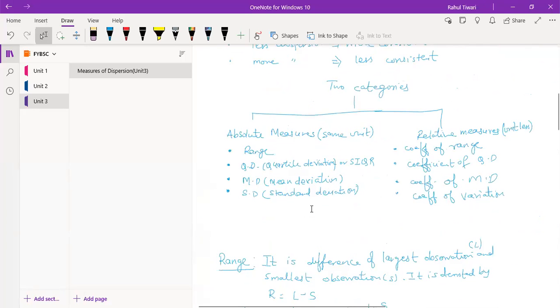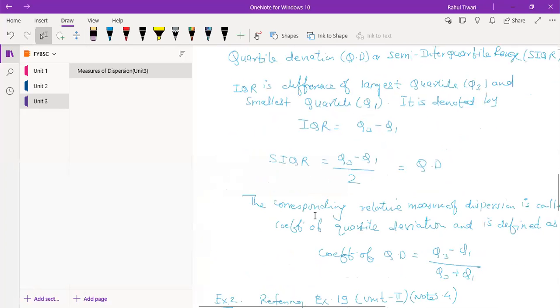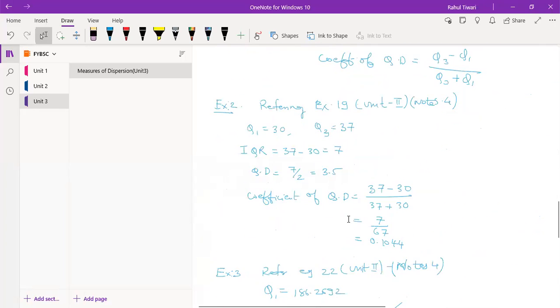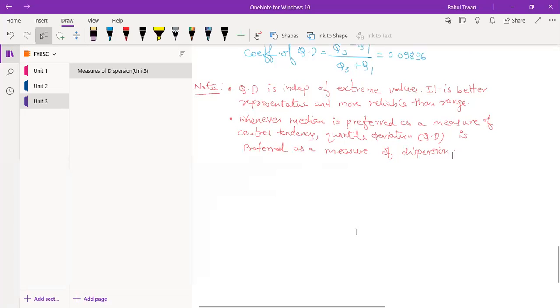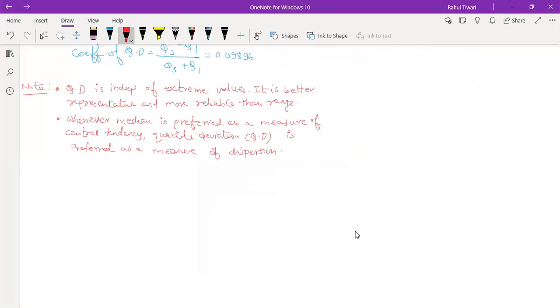Next is MD, which is called the mean deviation.